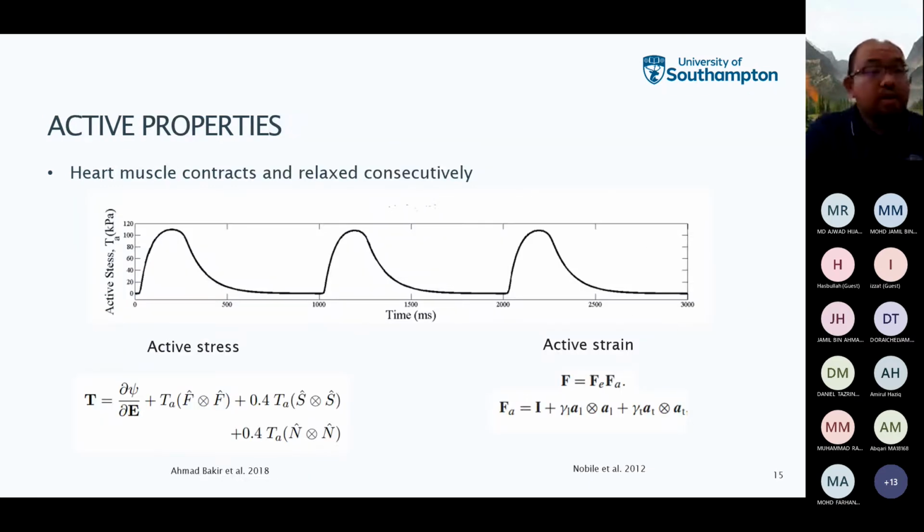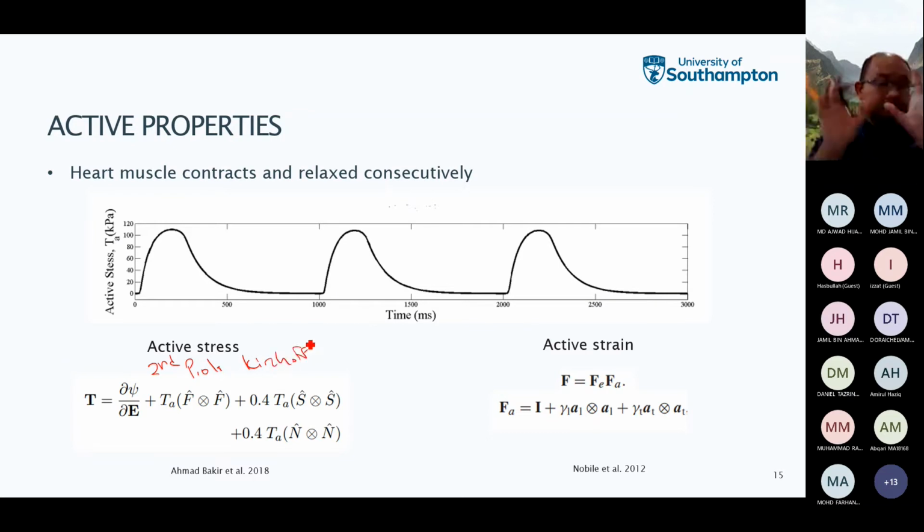One unique property of the heart that we need to consider is the active property, because the heart muscle can contract and relax consecutively. If you were to take a strand of the muscle and measure the stress generated by the muscle, you will see something like this. It activates quickly and relaxes quickly as well. What we can do to simulate this is to apply this active stress directly onto your second Piola-Kirchhoff stress. There are two approaches.